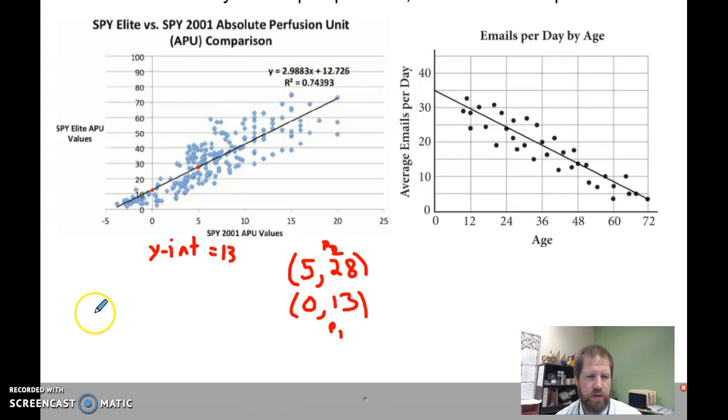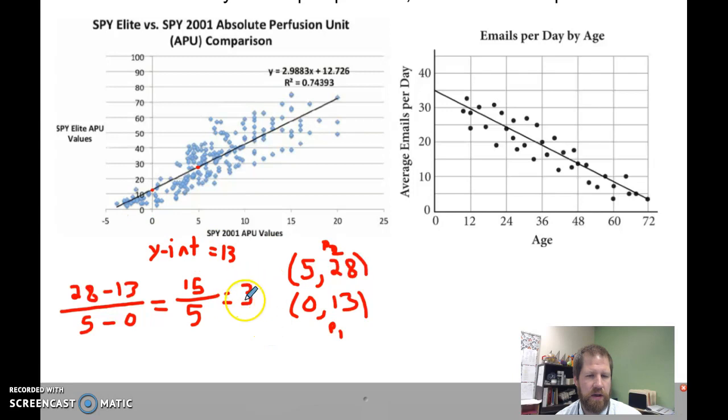So y2, 28 minus y1, which is 13, over x2, 5 minus 0. 28 minus 13 is 15, over 5 minus 0 is 5. 15 over 5 is equal to 3.